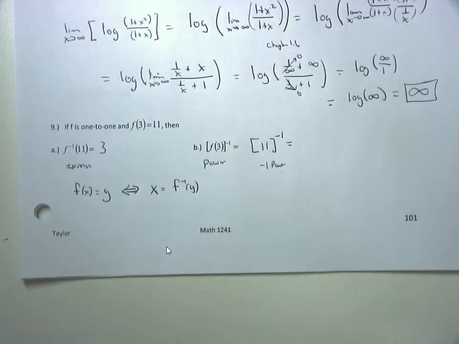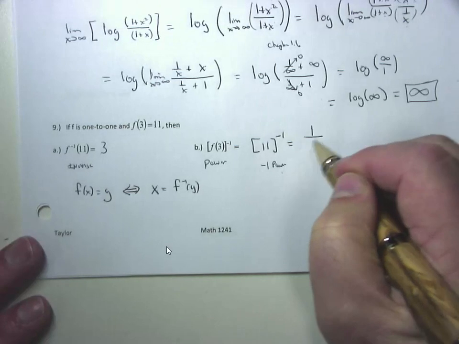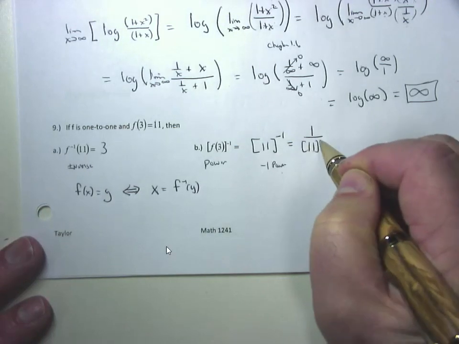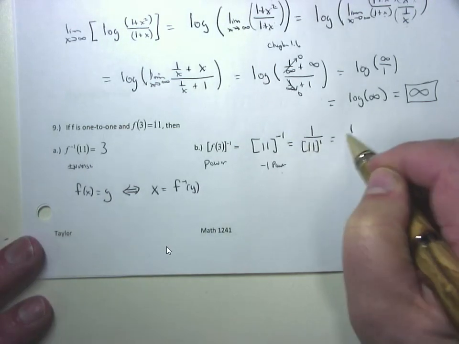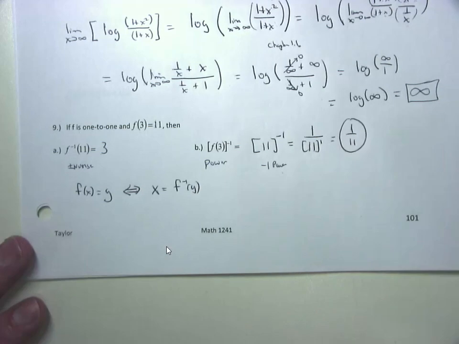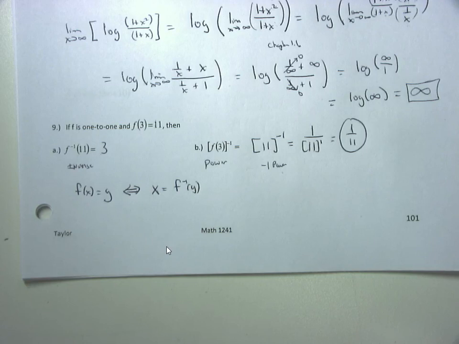Well, to get rid of a negative exponent, you put him on the bottom. So this turns into 1 over 11 to the first power. And anything to the first power is himself. So the answer is 1/11. Does that make sense? The difference between the inverse notation and the power notation.